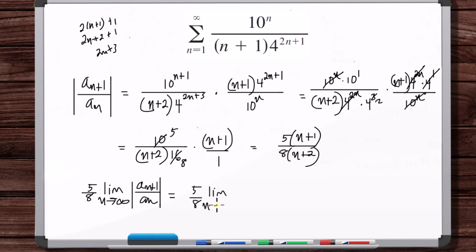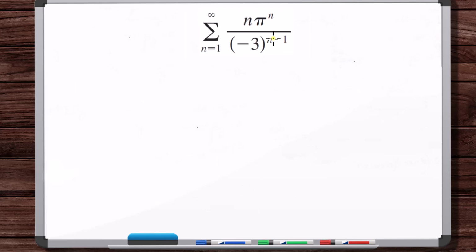Dividing the numerator and denominator by n, you've got 1 plus 1 over n over 1 plus 2 over n. So this is 5/8 times, this limit is 1. So 5/8, that's less than 1. So this is absolutely convergent, meaning this is convergent.